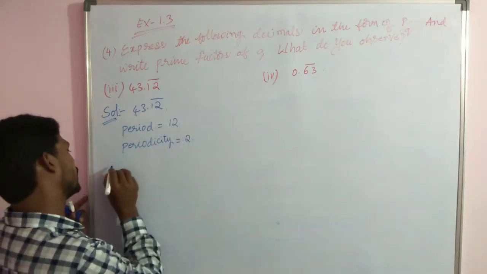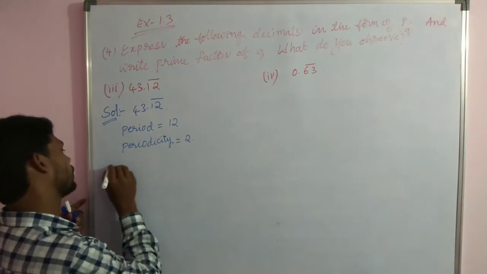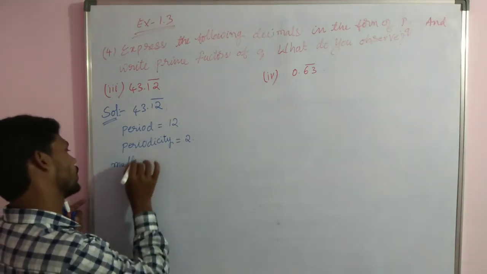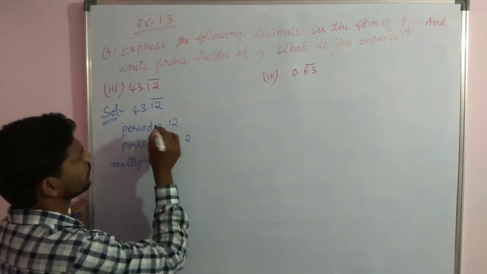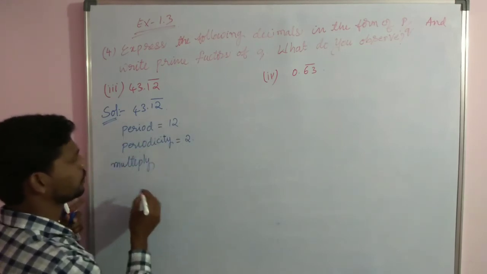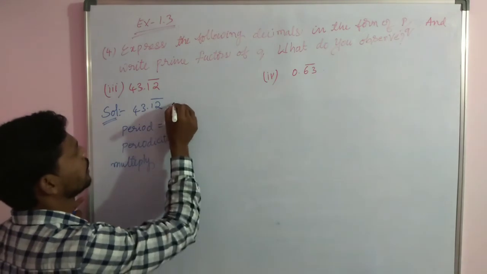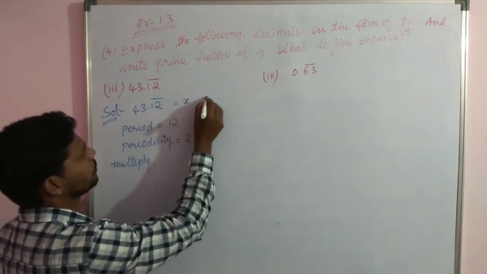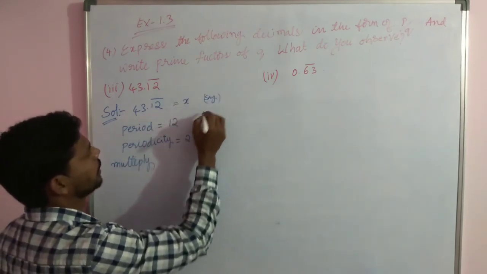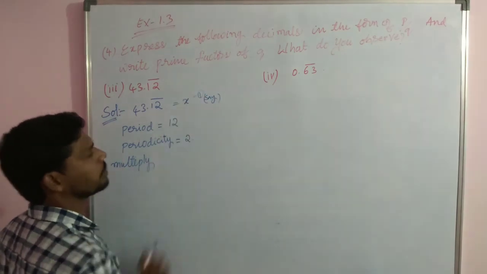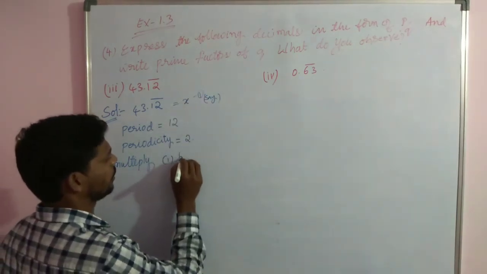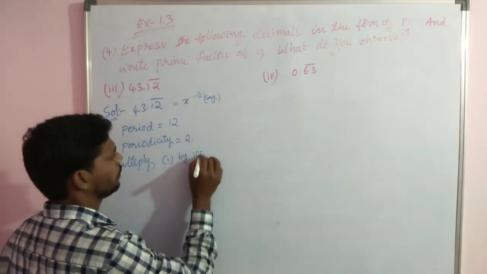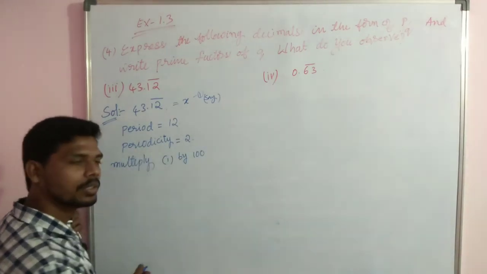So multiply this. Let us say 43.12 repeating is equal to x, and take this as equation number 1. So multiply equation number 1 by 100. Why? Because periodicity is 2.